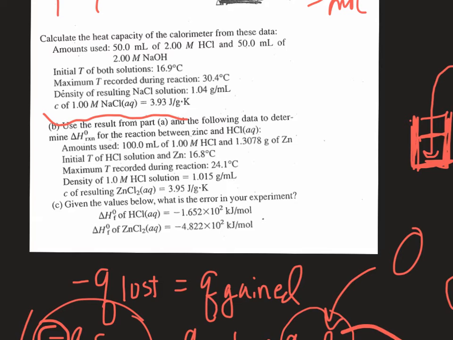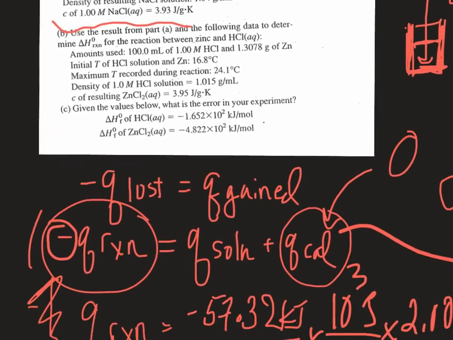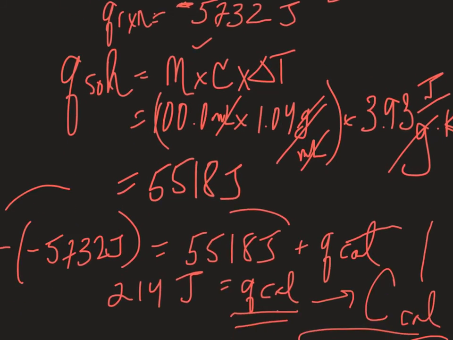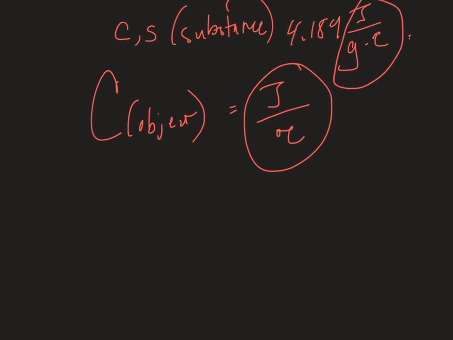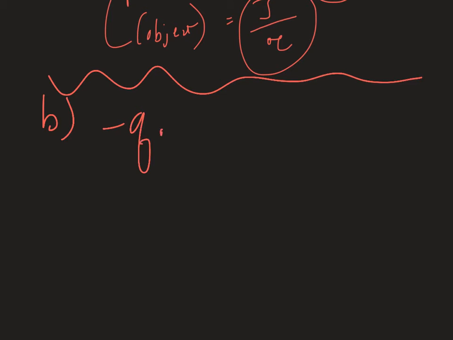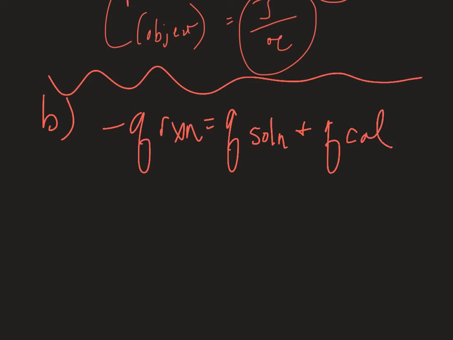All right, so now we're determining delta H reaction. If I were taking the AP, part B: minus Q reaction equals Q solution plus Q calorimeter.